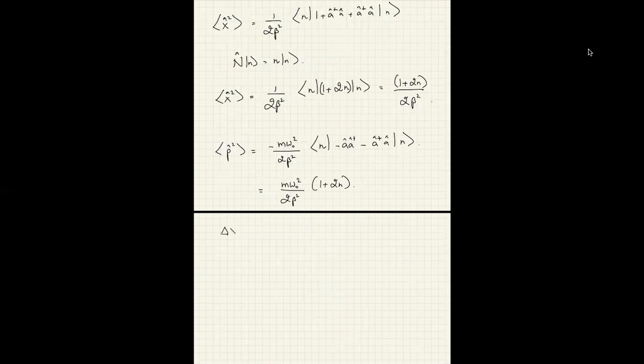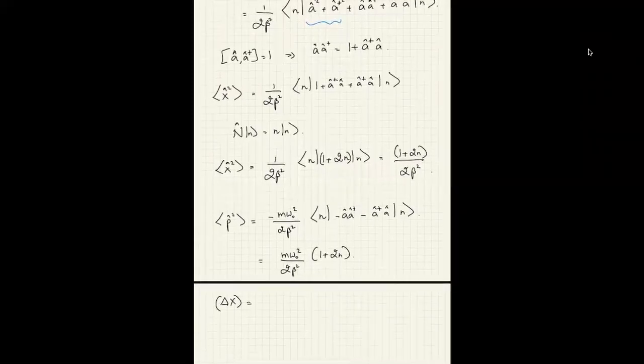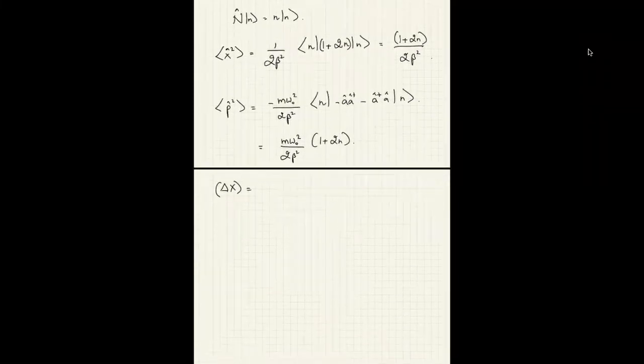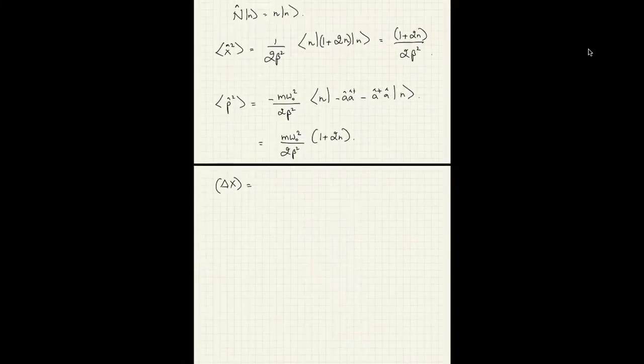So delta x, which is the square root of the x square expectation value minus the square of the expectation value of x, is simply the square root of this. So this is equal to 1 over beta times square root of 1 plus 2n over 2.